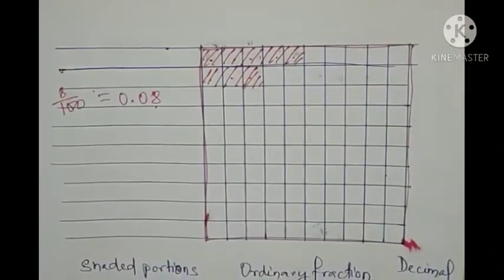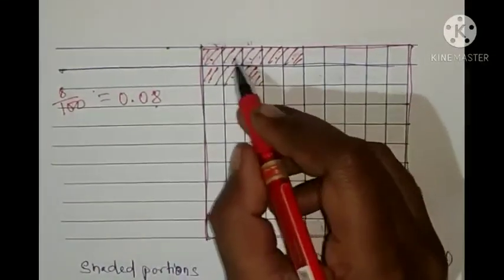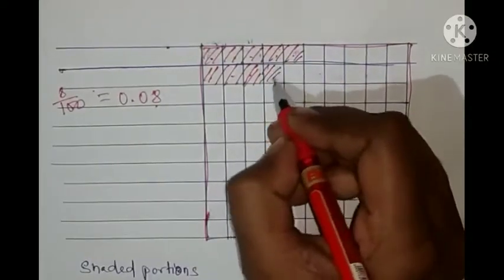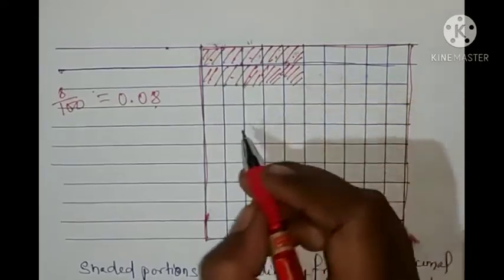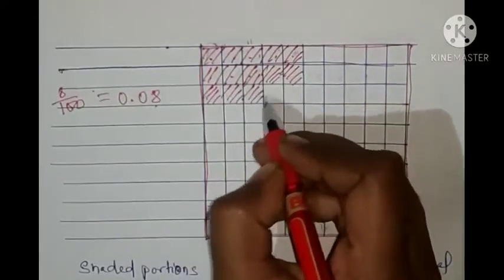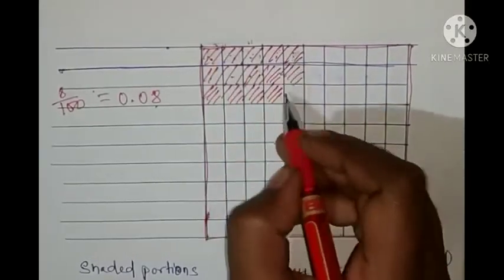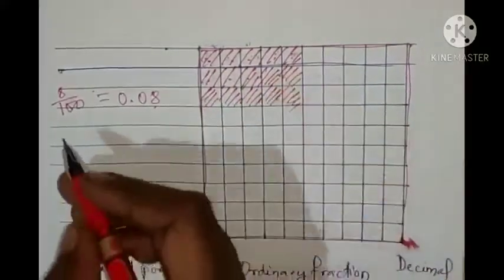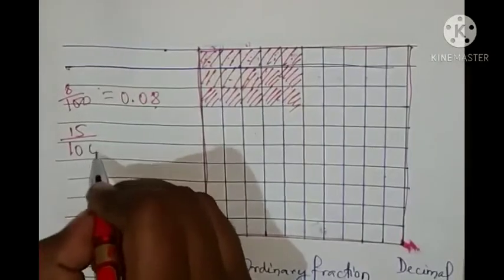Next, 15 squares. Counting 1, 2, 3, 4, 5, 6, 7, 8, 9, 10, 11, 12, 13, 14, 15. So 15 squares means 15 by 100.